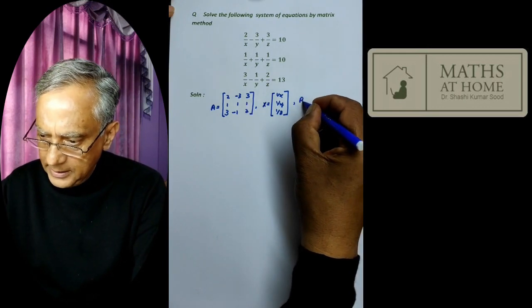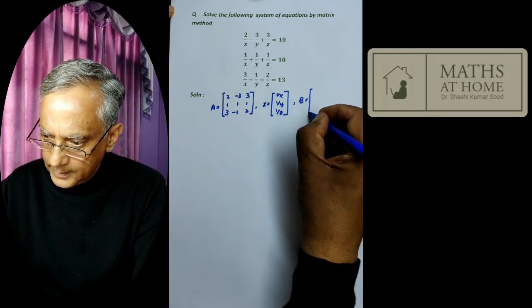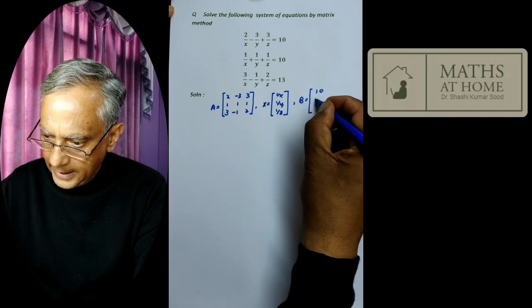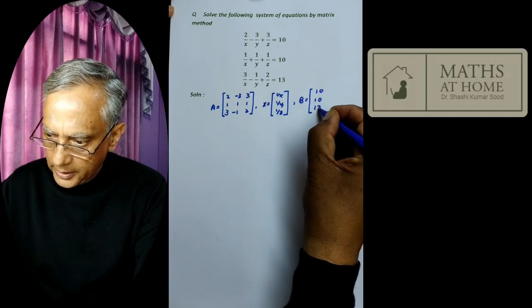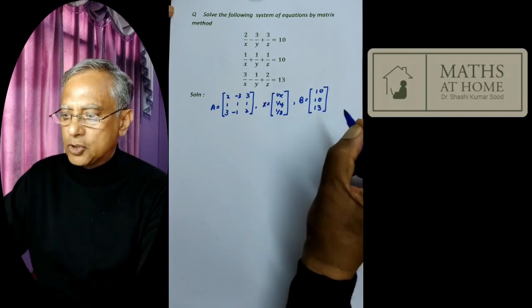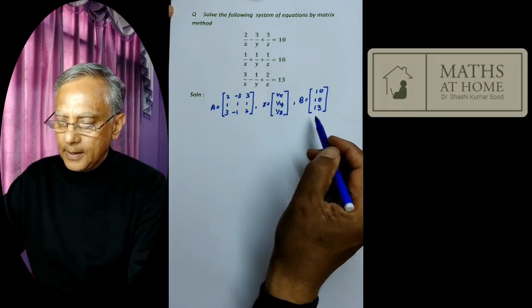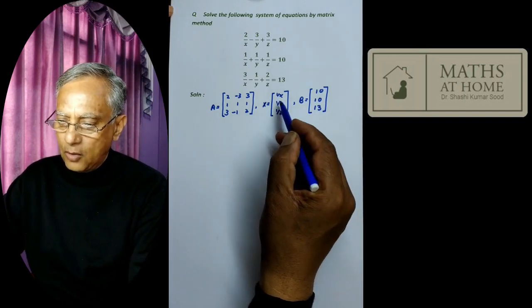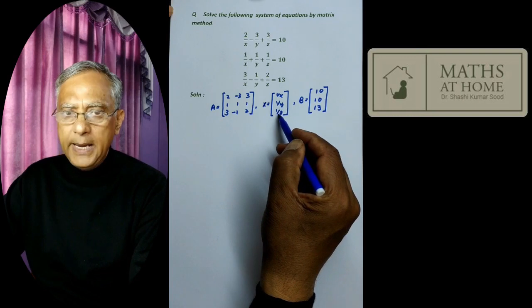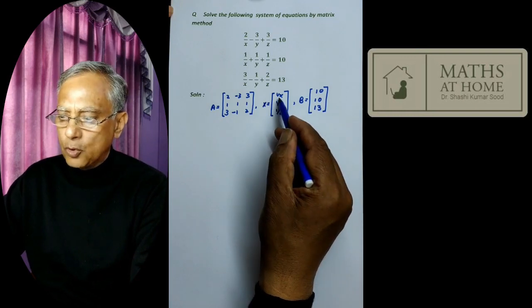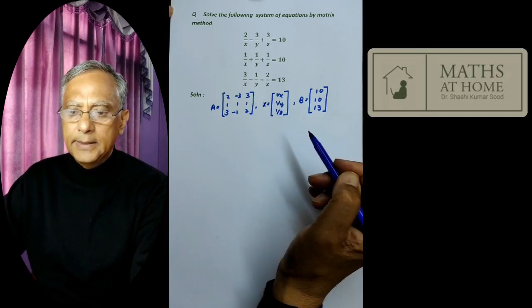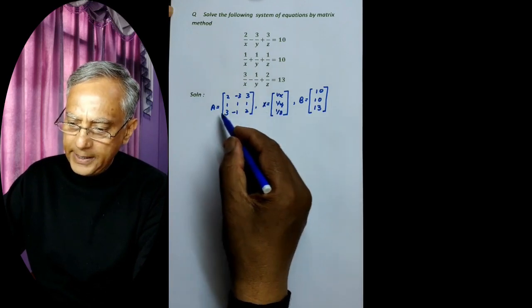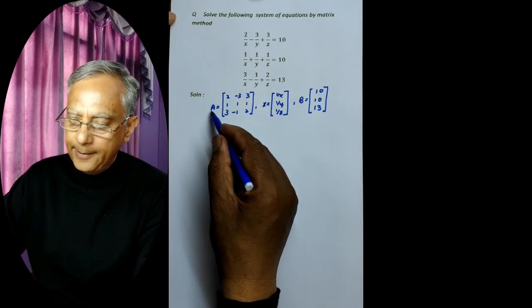And the constant matrix B is equal to 10, 10 and 13. So we will solve this system of equations for 1 by x, 1 by y and 1 by z, and then take the reciprocals to get x, y, z. So first we find the determinant of A.